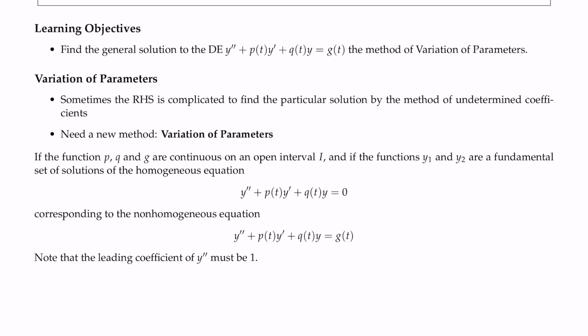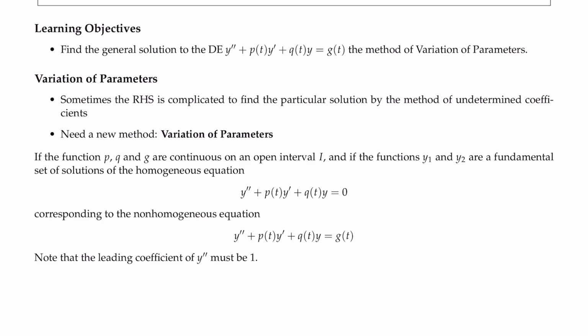For now, I want to talk about where the formula is coming from and why the name is variation of parameters. So if the functions p, q, and g are continuous on an open interval I, and if the functions y1 and y2 are a fundamental set of solutions of the homogeneous equation of this form. When you have the non-homogeneous differential equation, you start out by finding the homogeneous solutions corresponding to the homogeneous equation, and then based on that, we find the particular solutions.